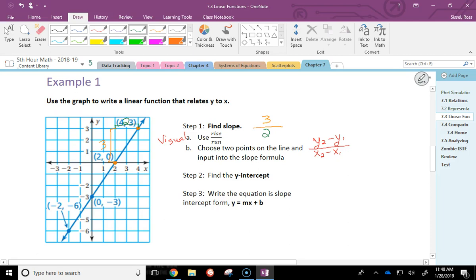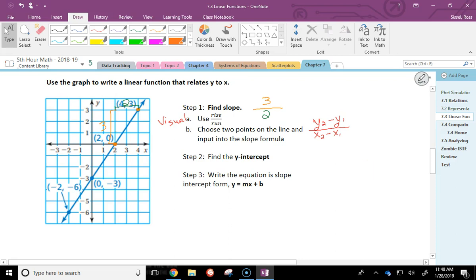Step 2 is to find our y-intercept. So we follow our blue line, and I look, where does it cross my y-axis? What coordinate point are we at when we cross our y-axis? 0, -3. So that means the -3 is our y-intercept.